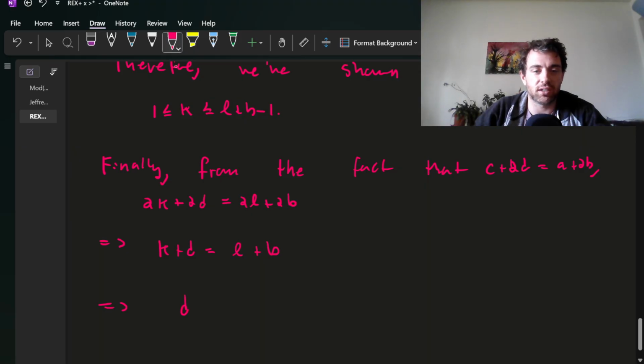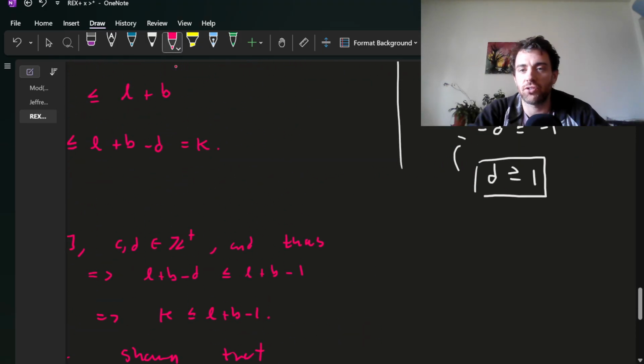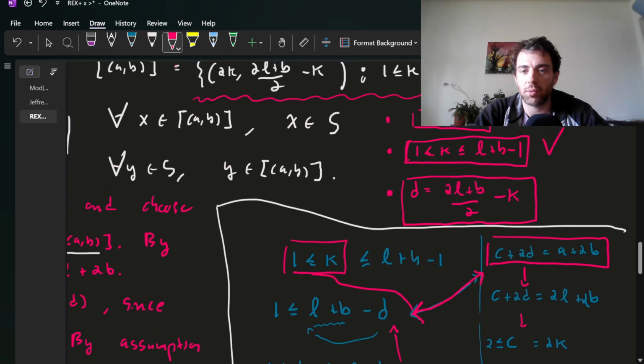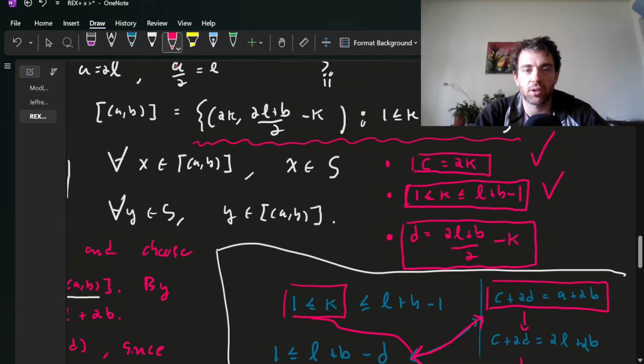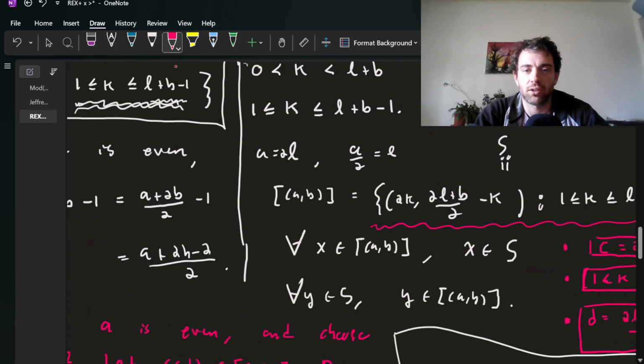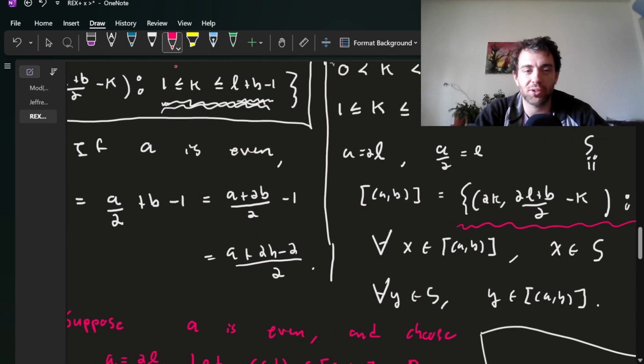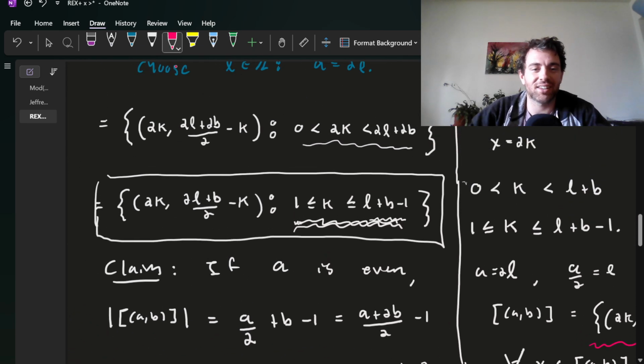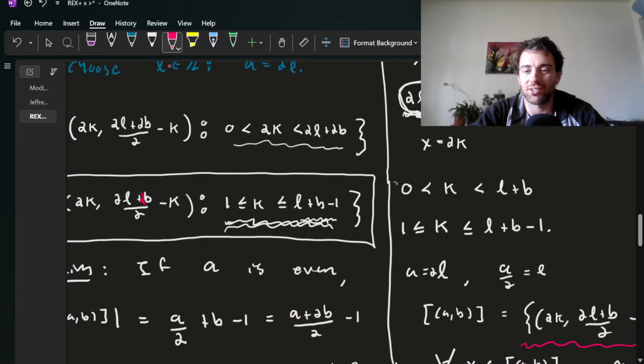We wanted D equal to L plus B minus K. And is that what we had up above? Did I make a typo there? Was it K and 2L plus B over 2? That's where the typo was. There should be a 2 here. There should have been a 2 here the whole time.